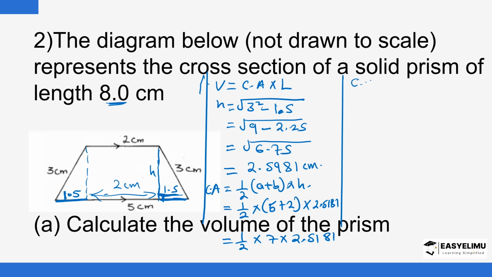We have 7 divided by 2 as 3.5 times 2.5981. Again, you need to use the long multiplication method, as we have talked about for multiplication of decimals, to multiply 3.5 times 2.5981, and that will be 8.8134.